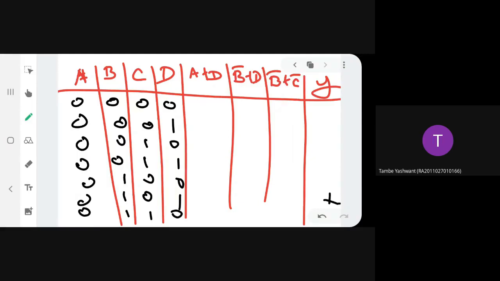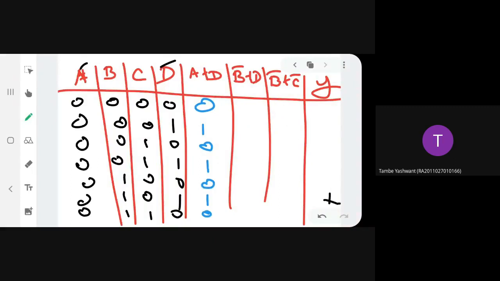Now, what is A plus D? A here, D here. So what is A plus D? 0, 0, 0. Then A plus D, 1 here, 0 here, 1 here, 0 here, 1 here, 0. Like this, you have to proceed.